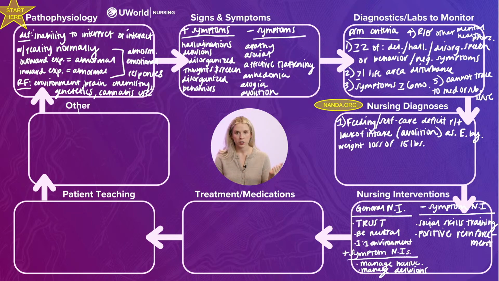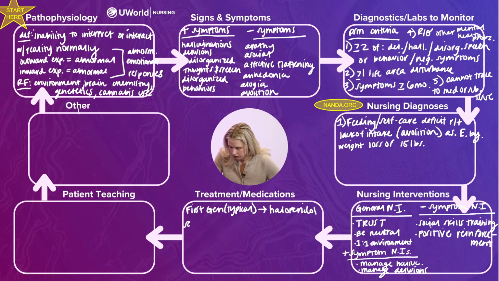So first generation includes haloperidol, our most common one there. First gen, which again is going to be typical. And that one, haloperidol, is the one I want you guys to take home with you. In second gen, alrighty, these are going to be our atypical antipsychotics.